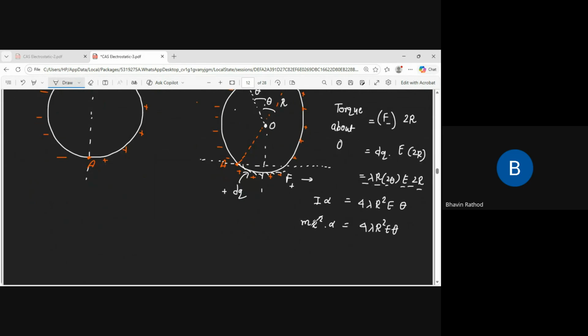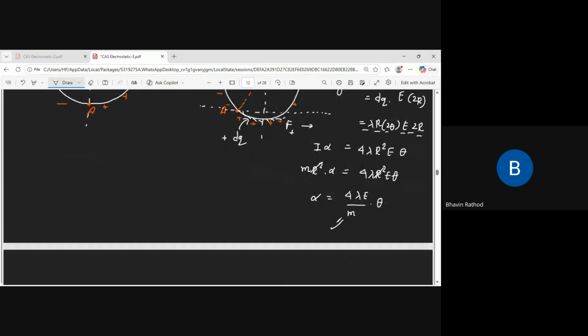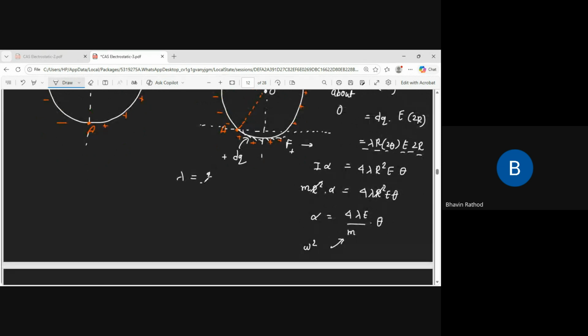We lose the r squared from both sides, and alpha will be 4 lambda E by m into theta. Obviously this term over here is our omega squared. Lambda is not really given to us in the system, so we can easily say that lambda is going to be equal to q by pi r. So I can put that here and solve for the time period. This is how we can solve this.